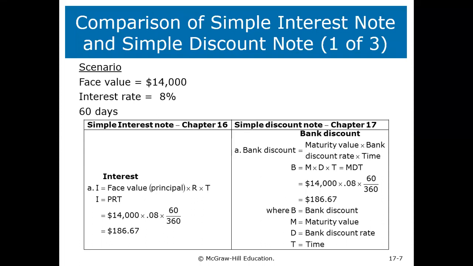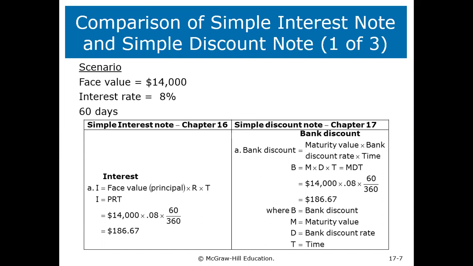Is it okay for you to unmute yourself, please? Subtract for the $186.67. From where? From the maturity value po. Which is the maturity value? 14,000 po.